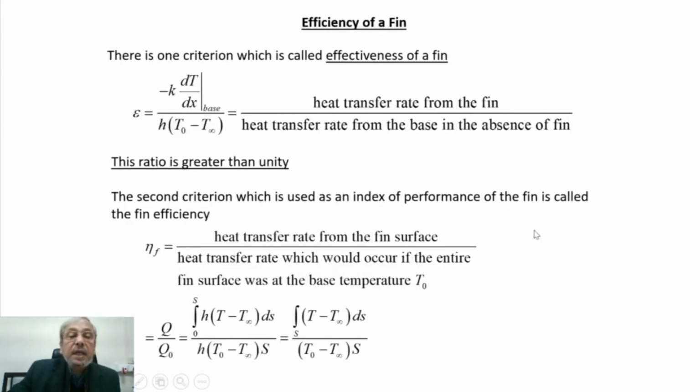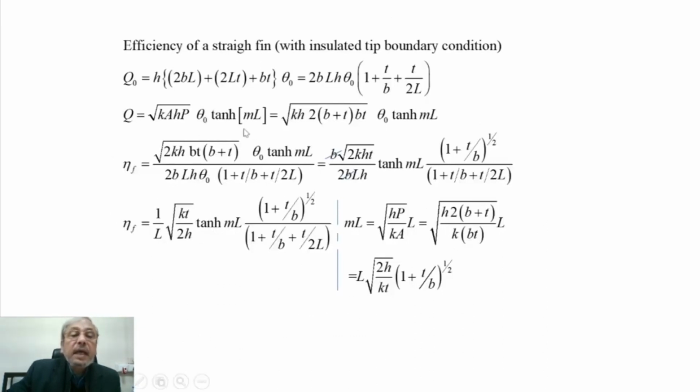So we have taken that actual Q, and then in actual Q we substitute the geometrical parameters A and P. A is twice (b plus t) into bt, and theta naught tanh ml.